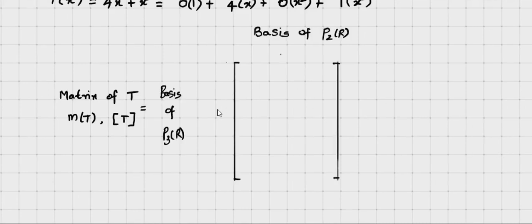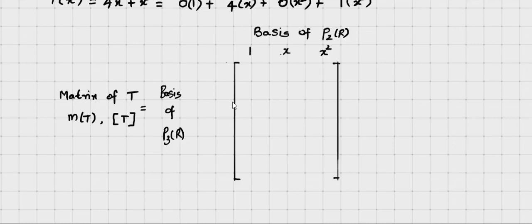See, the matrix should be filled like this: row wise output set and column wise input set. See, what is the basis of P2R? The input set should be written at the top, that is column wise. The basis is 1, x and x square, right? So you will be having 3 columns, the first column belonging to 1, then x and x square.